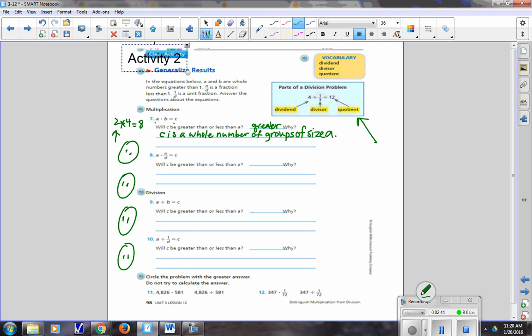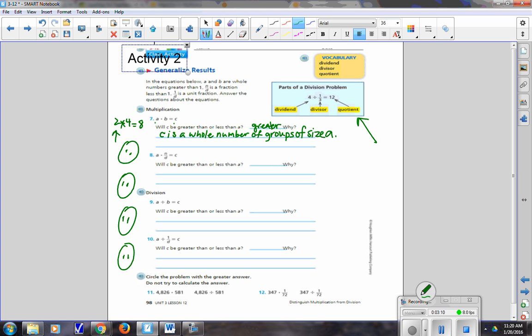So if C is a whole number of groups of this size A, then it must be greater than A. If A is the amount, and we're spreading it over several groups, isn't C going to be more?